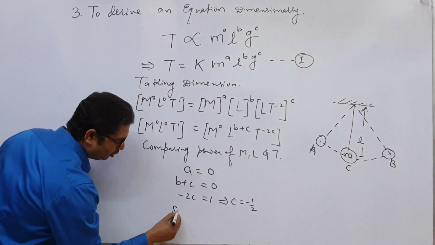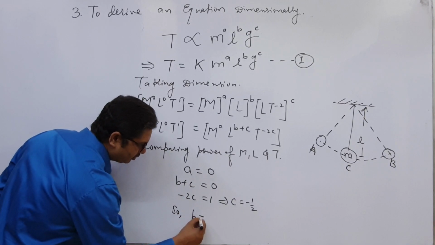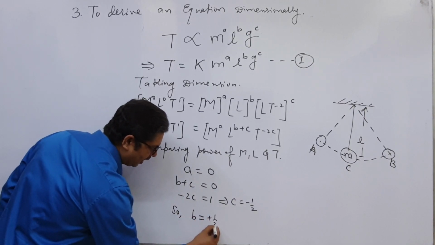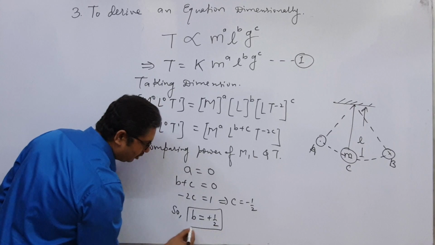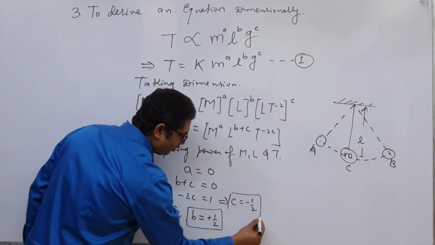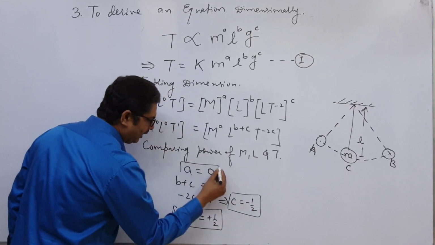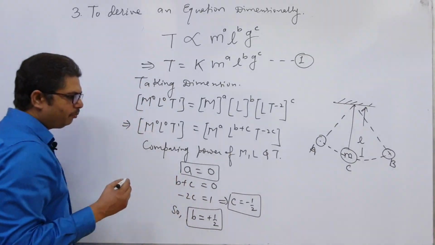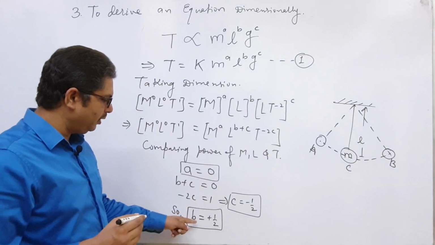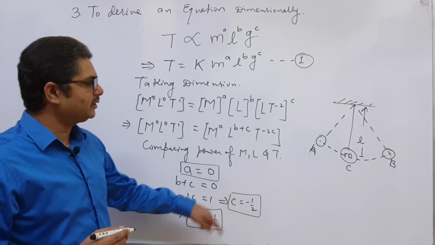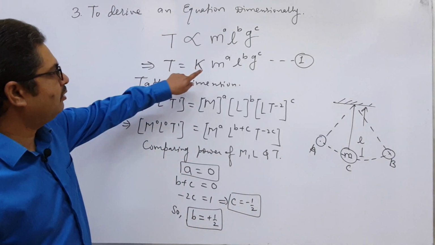So what happened? You get b equals plus half. So here we get b equals plus half, c equals minus half and a equals 0. Put the value a equals 0, b equals plus half, c equals minus half in equation 1.